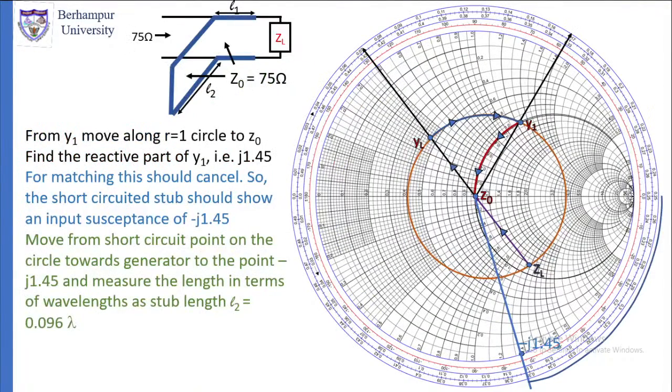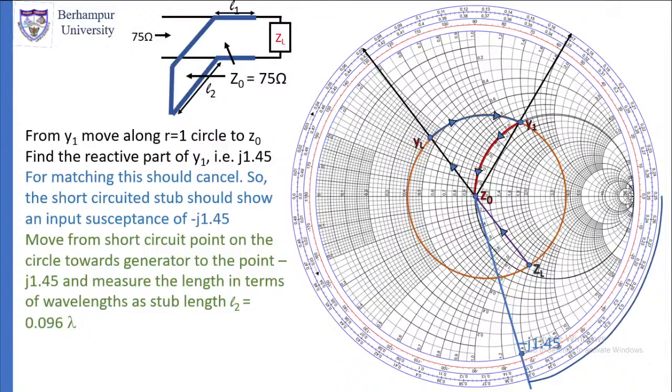Then stub length we have to find out. From the point Y1, move along R is equal to 1 circle to the Z0, find the reactive part of Y1, that is 1.45.